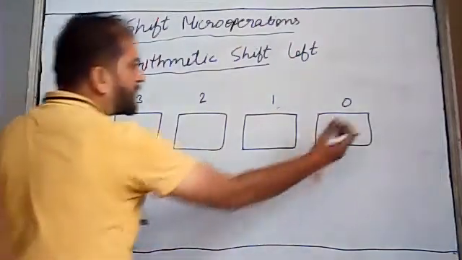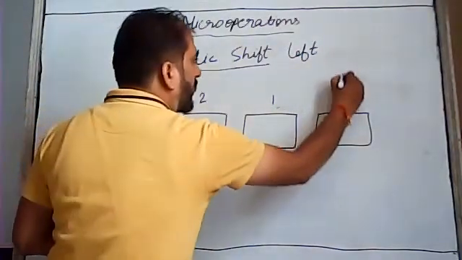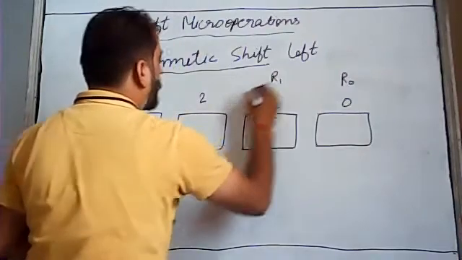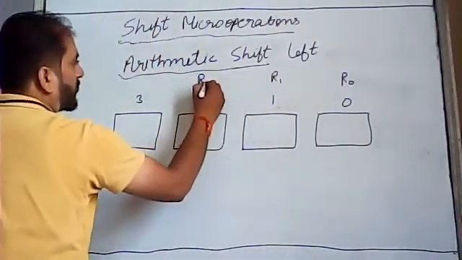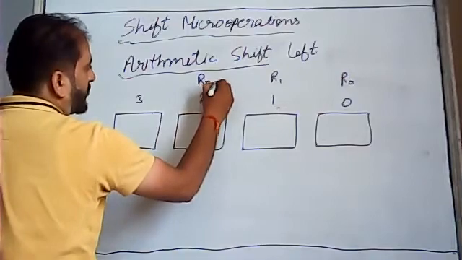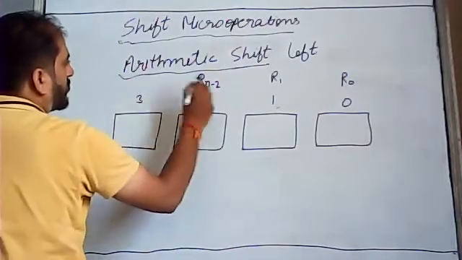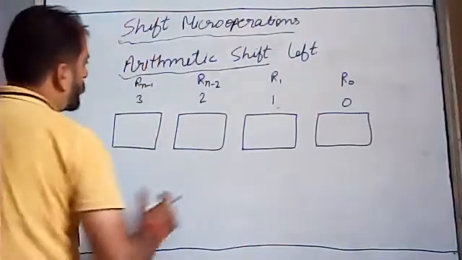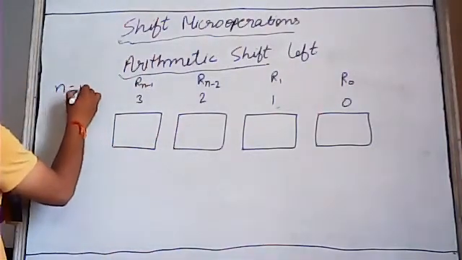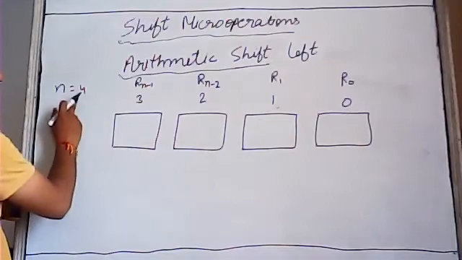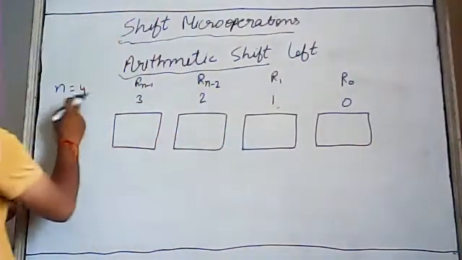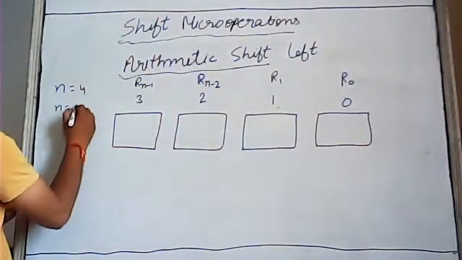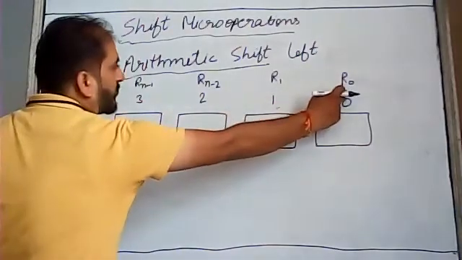You will also write the numbering like this in your journal: R0, R1, R n minus 2, and R n minus 1. For example, n is equal to 4. If n is equal to 0, we represent it with R0.